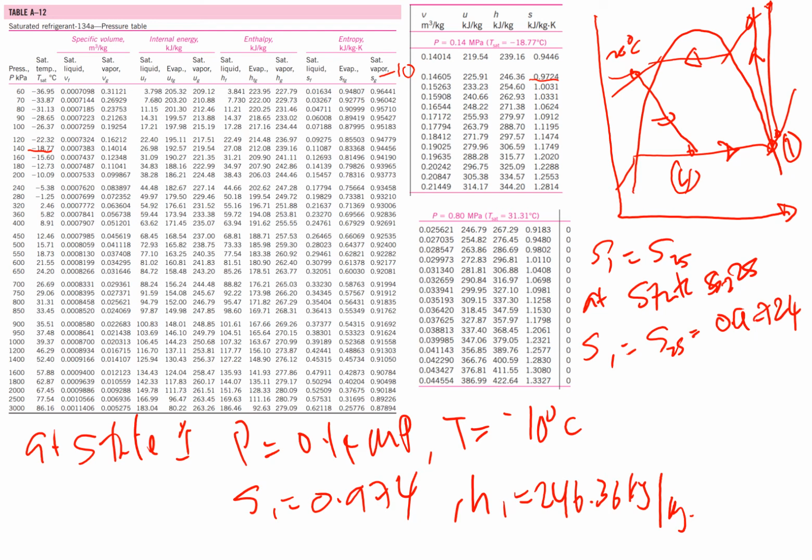Okay. Alright. So from this one, 0.9724, then H1, which you have to find, you need to find the H2S, which is you have to do the interpolation. So let me erase on this side.